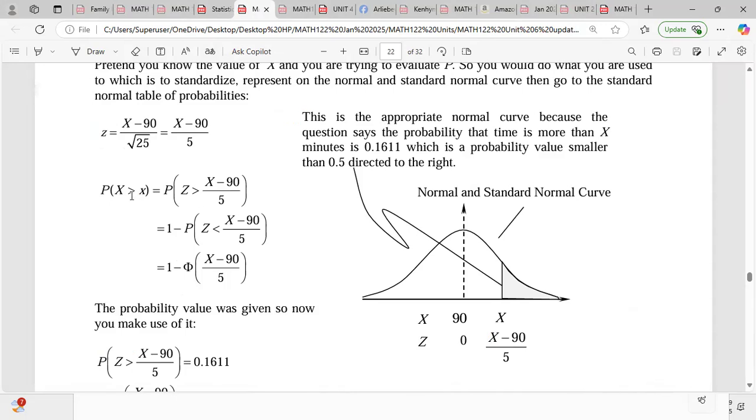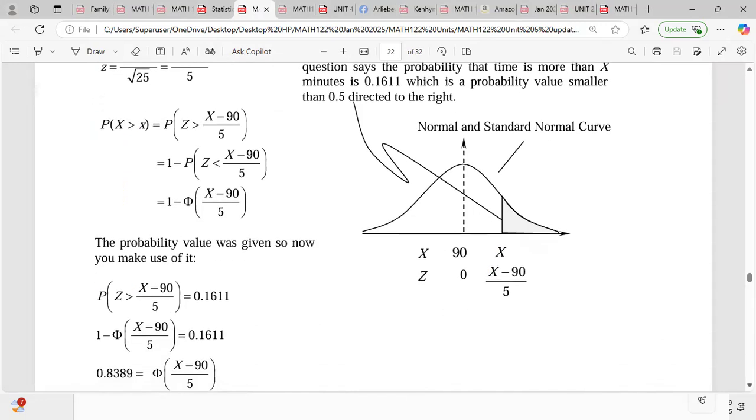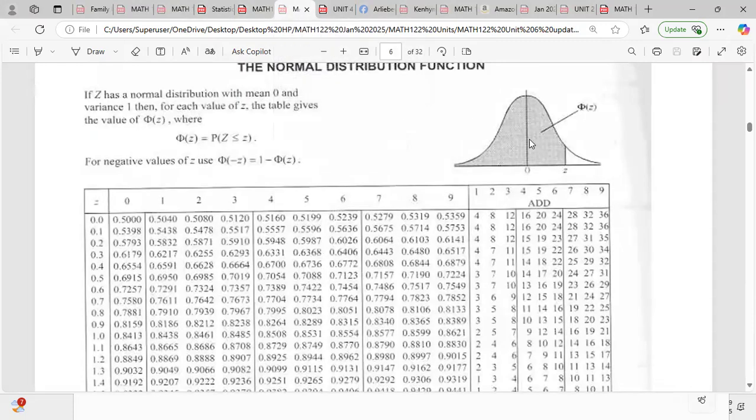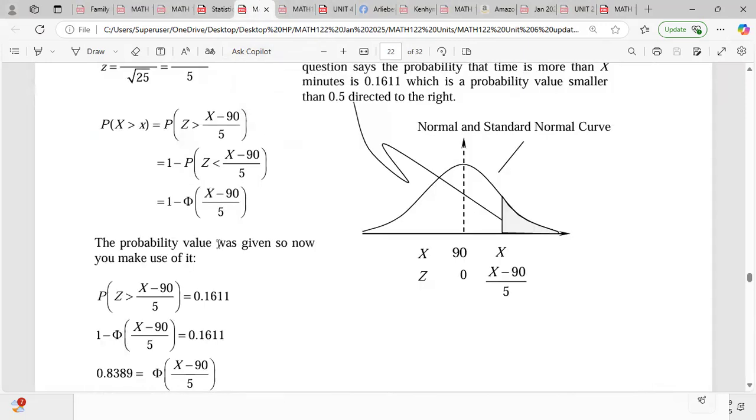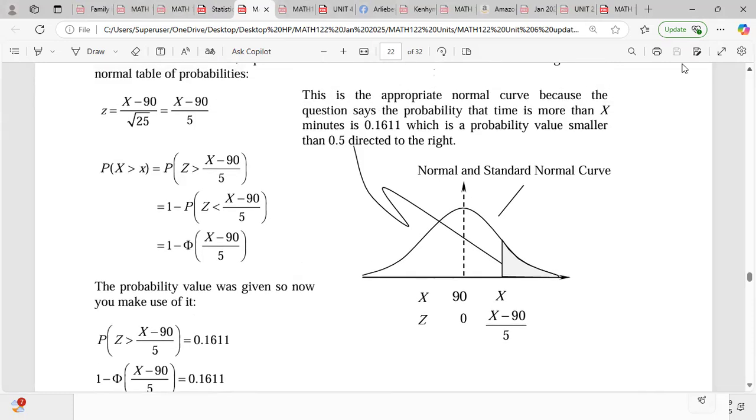And here you can clearly see the 1 minus taking place because this table does not give you tails. This table gives you big chunks, phi of positive z's. So we need to go into the table to get the z so that we can find x. We can use this formula to find x.